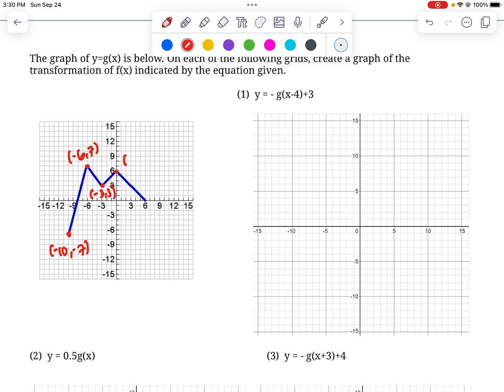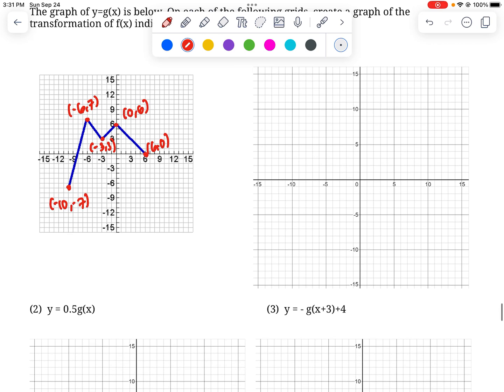This one looks like it's at 0, 6, it's on the axis, and this is at 6, 0 on the other axis. Okay, so those are our key points. Maybe I'll make a little list right here, that might be nice. And then we're going to figure out where those points end up with the different transformations. Okay, so those are the ones on the parent graph.